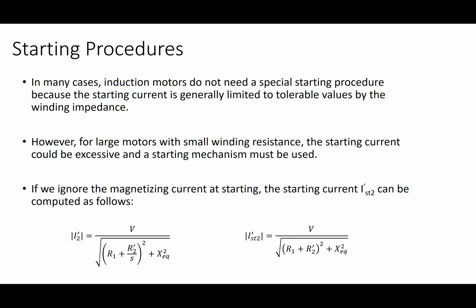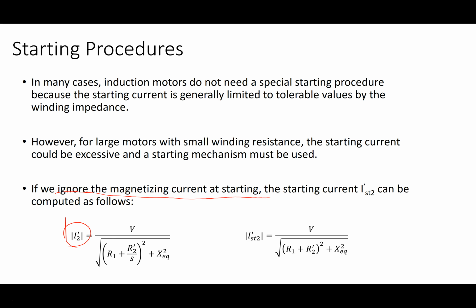For the purpose of this analysis, we're going to ignore the magnetizing current at starting, and just look at the magnitude of the rotor current. This is the rotor and stator current, from your equivalent circuit. If we ignore the magnetizing branch, they both are the same thing.